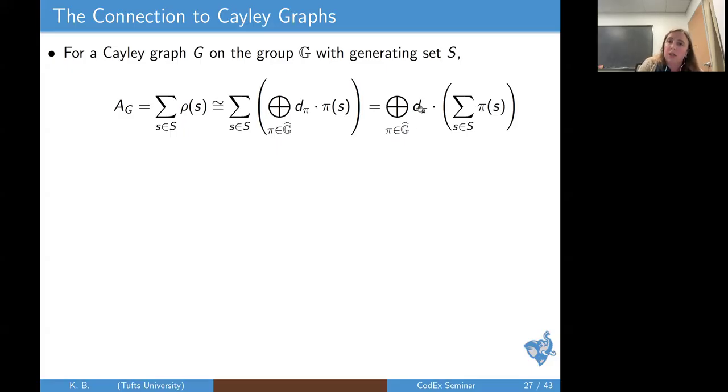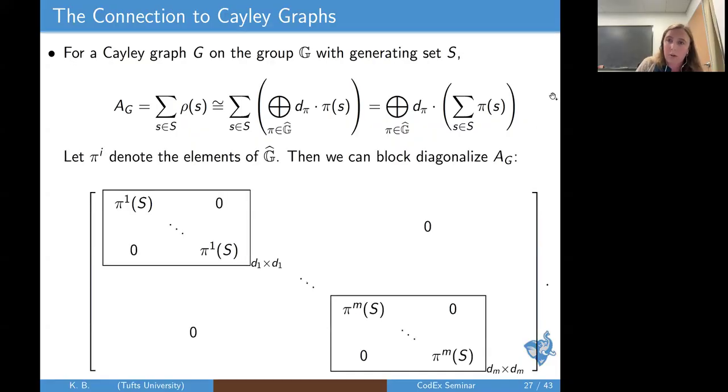And then if we rewrite this a little bit, going to bilinearity, I can look at this sum. And so now my adjacency matrix of my Cayley graph is just a direct sum over the irreducible representations of the group, with multiplicity of their dimension, of this special matrix, which is just the sum over all of my generating set elements s of pi of s.